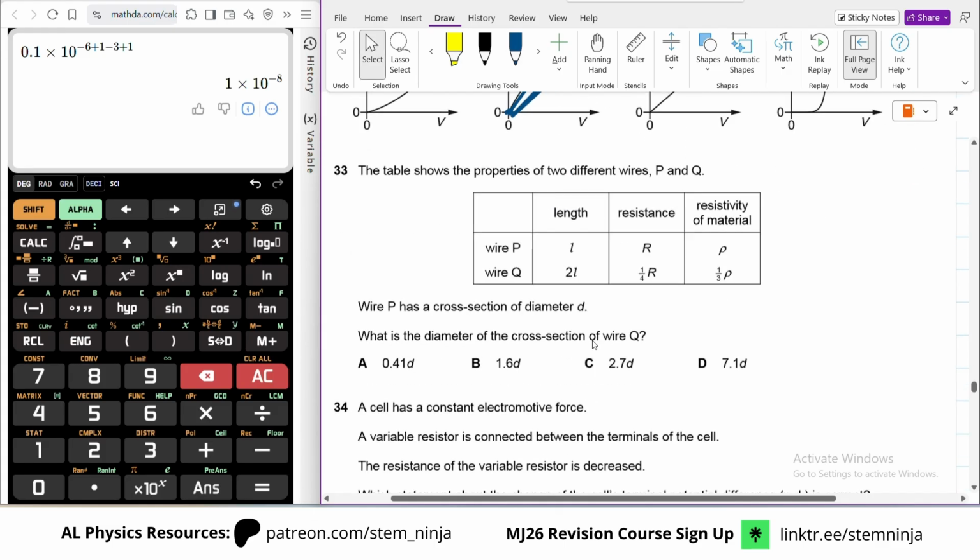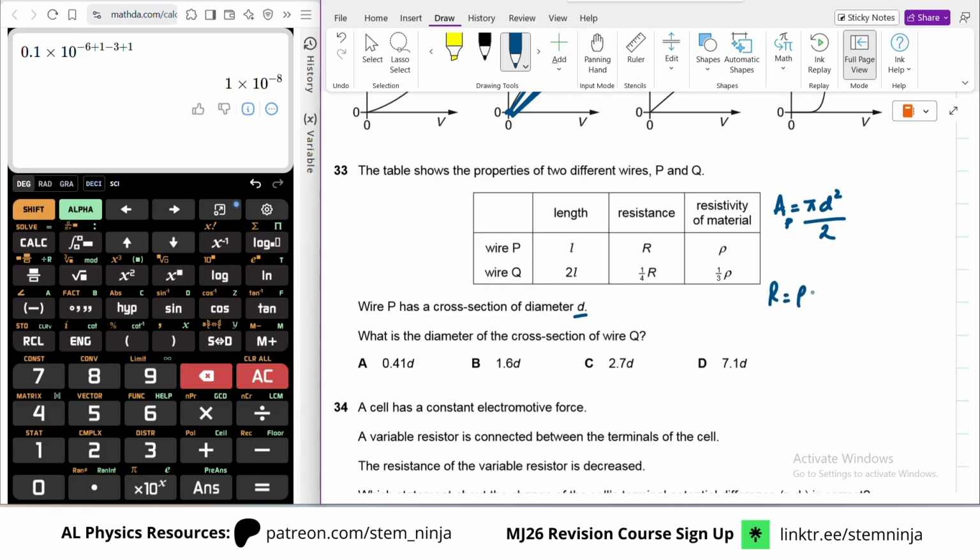The table shows the properties of two different wires, P and Q. Wire P has a cross section of diameter D. What is the diameter of the cross section of the wire Q? So we know how it is actually related. The cross-section area is pi d squared over 4.